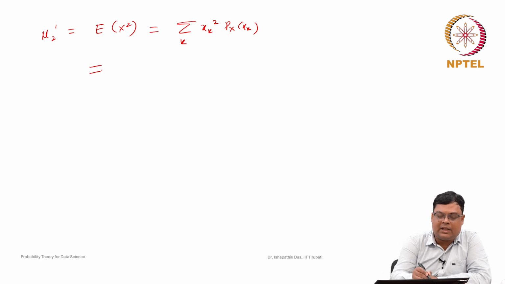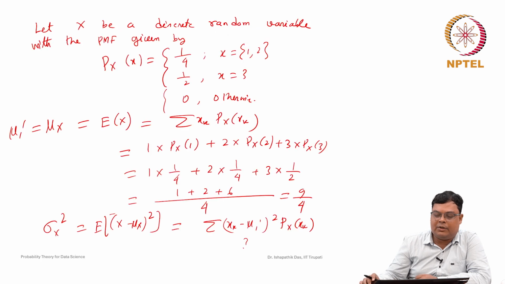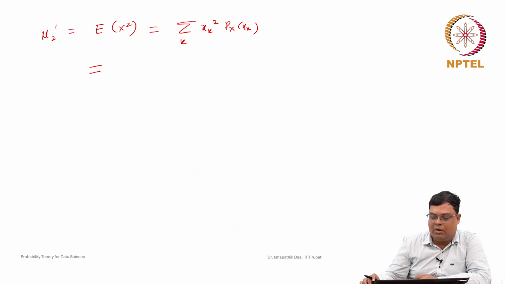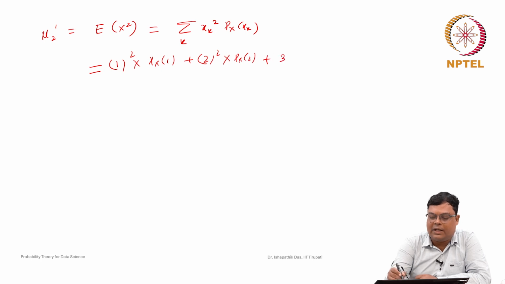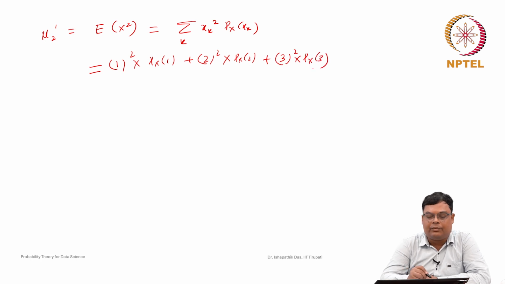So this is 1 squared into P_X(1) plus 2 squared into P_X(2) plus 3 squared into P_X(3).